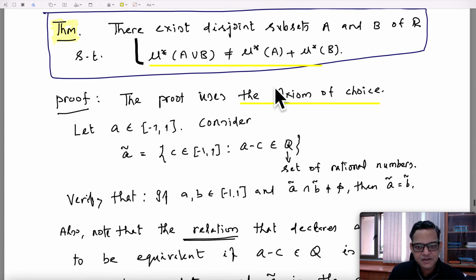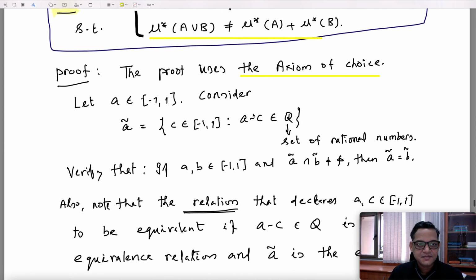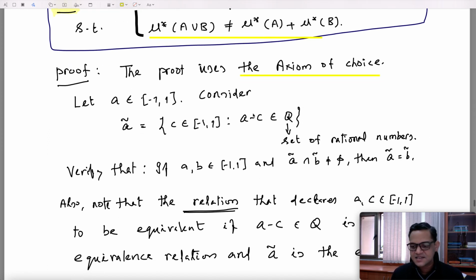This kind of argument is used in measure theory, and we will see this kind of argument even later on. So I would suggest that if you do not understand it in the first go, try to rewrite this whole thing which I'm going to present in your own way, and go through it and discuss it a couple of times to really understand what's happening.